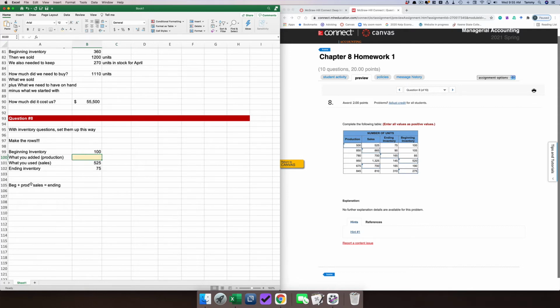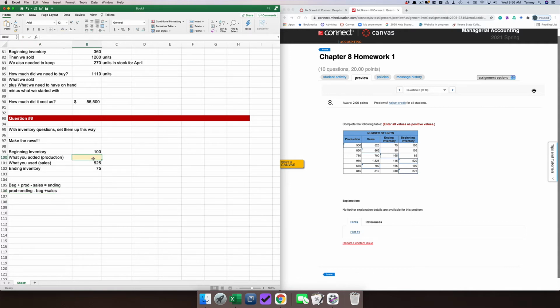So if beginning plus production minus sales equals ending, and we want to solve for production, then production is going to be equal to ending minus beginning plus sales, I think.